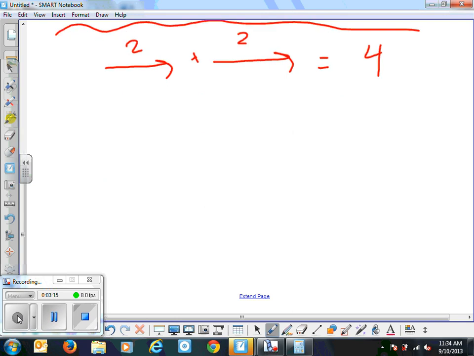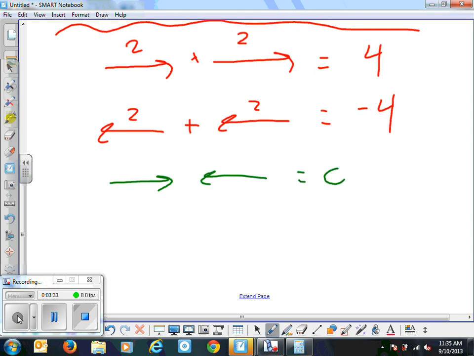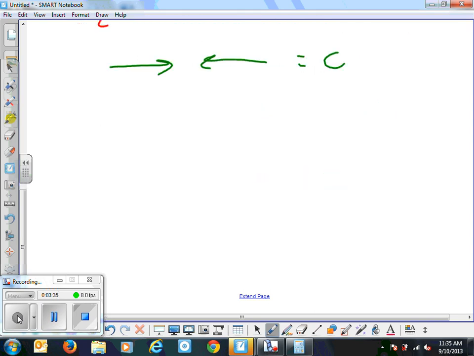If I stick with that convention, then by default, 2 plus 2 equals negative 4. Does that make sense? And then anything in between, well, the easiest one we already did, 2 plus 2 equals 0. But then what if we go 2 plus 2 at an angle? Well, that's where it comes from, anything between 4 and negative 4.